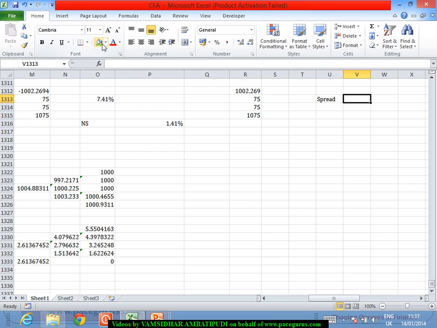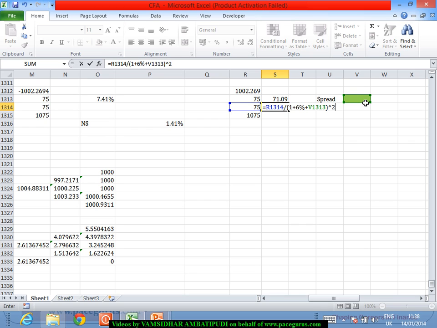Probably let me take this particular value as the spread. Now all I'll try to do is discount this by 1 plus 5.5% plus this spread. This is the present value of this 75. Then I will discount this by 1 plus 6% plus this particular spread, whole squared.